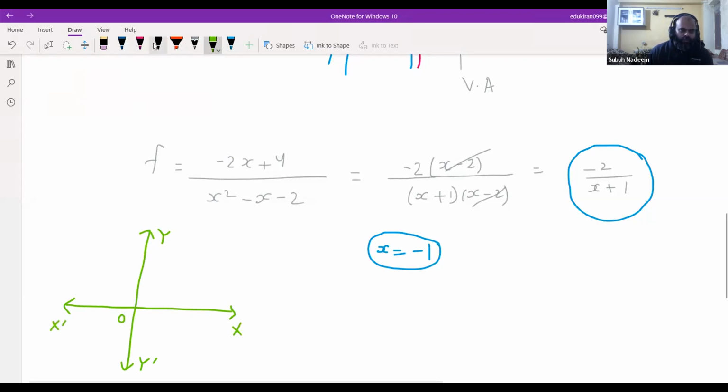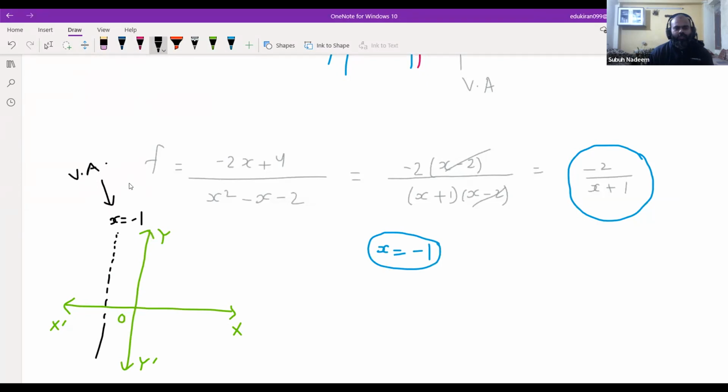Where will be the asymptote? Which vertical line? The negative 1. I will take this as x is equal to minus 1. This will be the vertical asymptote.